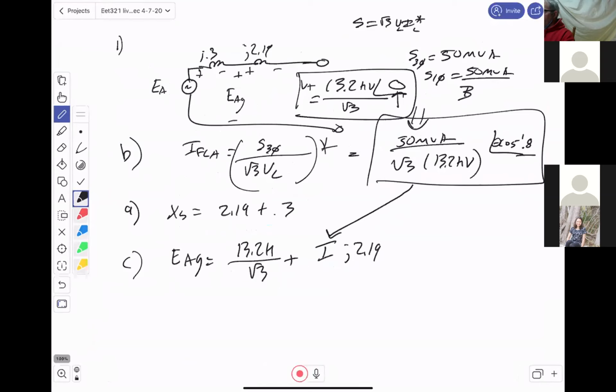Now to find the internal generated voltage, it'd be the opposite of that, where you'd use I times J.3, because it'd be the opposite voltage.